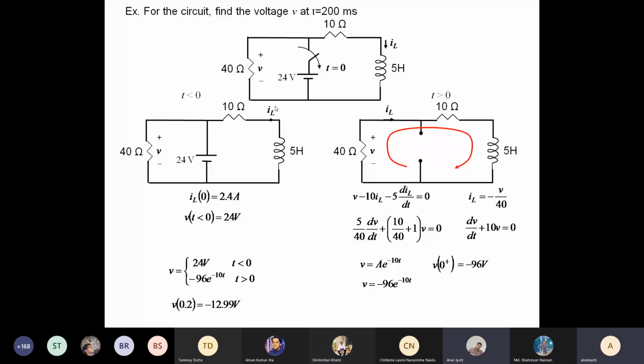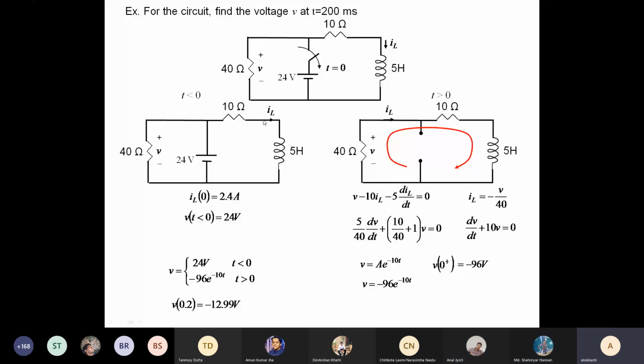Sir, I want to know that when current is drawn from the inductor after disconnecting the battery, the direction of the current in the circuit will be the same as before disconnecting the battery, or it will be reversed. I think this current IL was there.